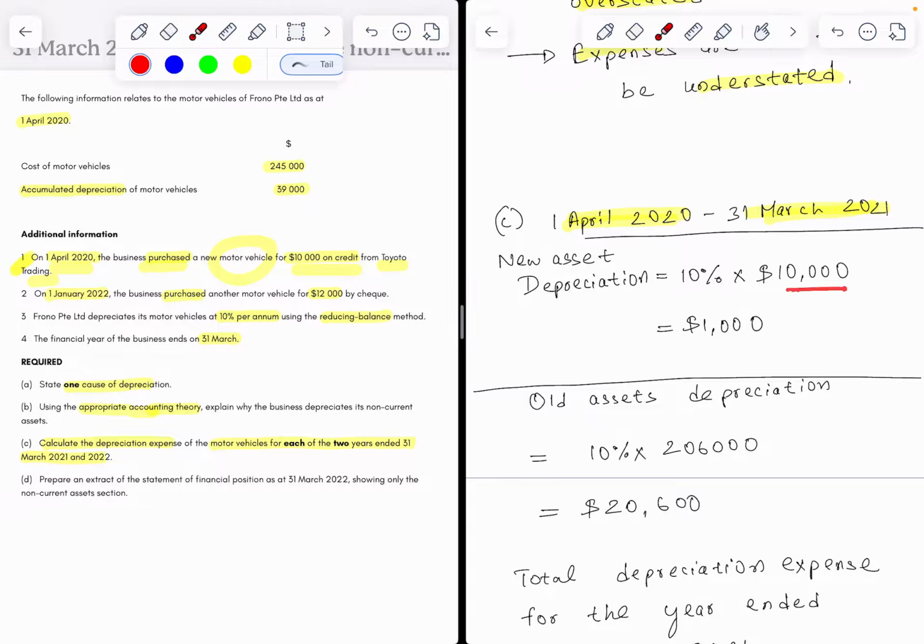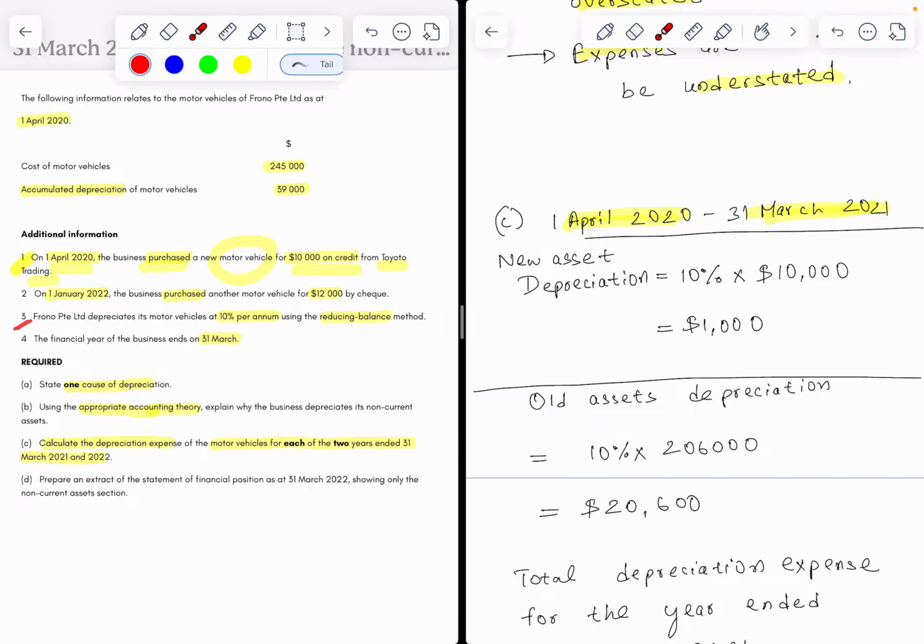In additional information number 3, we know that Frono depreciates its motor vehicles at 10% per annum and using the reducing balance method. When we buy a new asset in the first year, regardless of whether you're using the reducing balance method or the straight line method, you are to apply the depreciation rate on the original cost.